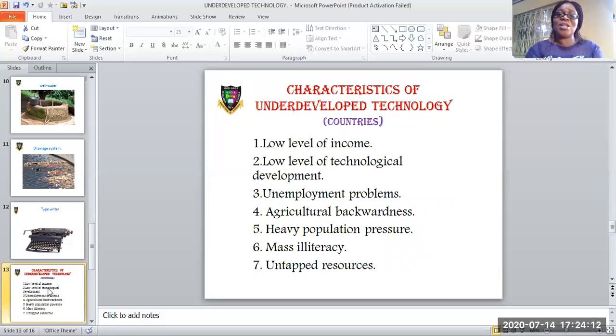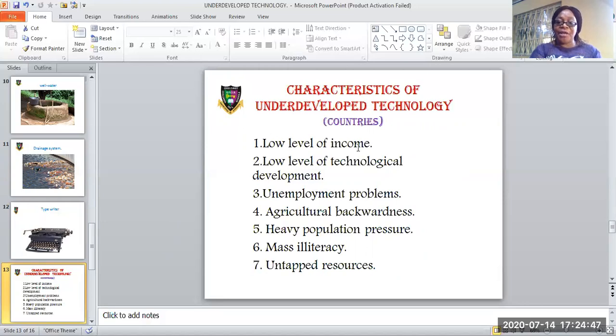These countries do not apply developed technology. They are still struggling under underdeveloped technology. They can't seem to lift it off their shoulders. They are still battling with it day and night. Do you understand? So, what are the characteristics of underdeveloped communities or countries?